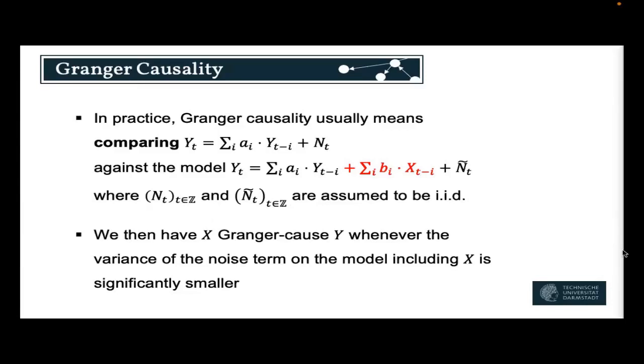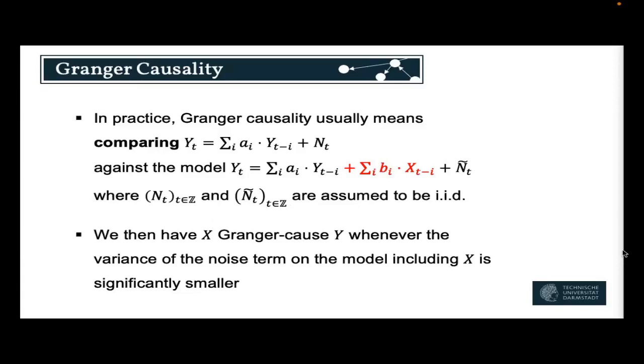So in practice, Granger causality usually just means, because we look at vector autoregressive models or just linear models, comparing two models. And the two models that you compare are how you predict Y with and without X. That's it, right? If I assume this linear function here, Y depends on its past, given some parameters and some noise.